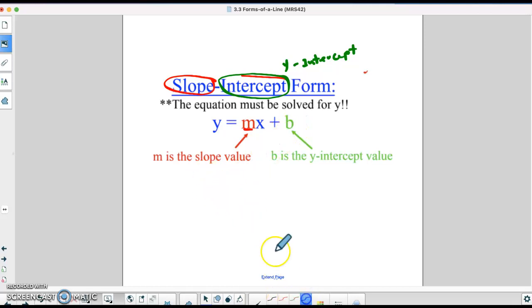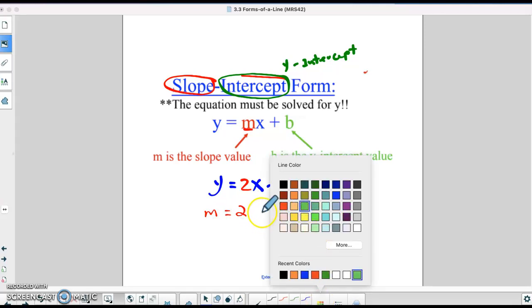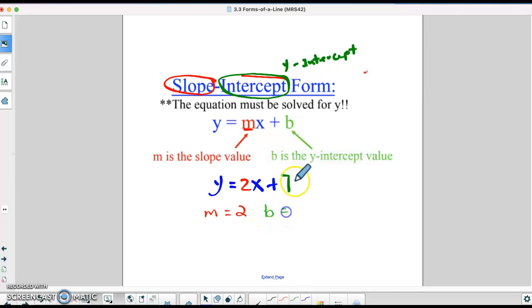For example, if my equation is y equals 2x plus 7, we can tell the slope, we use m to represent it, equals 2, and we use b to represent the y-intercept, meaning where the line will intersect with the y-axis. That's a 7. So that's easy to understand.